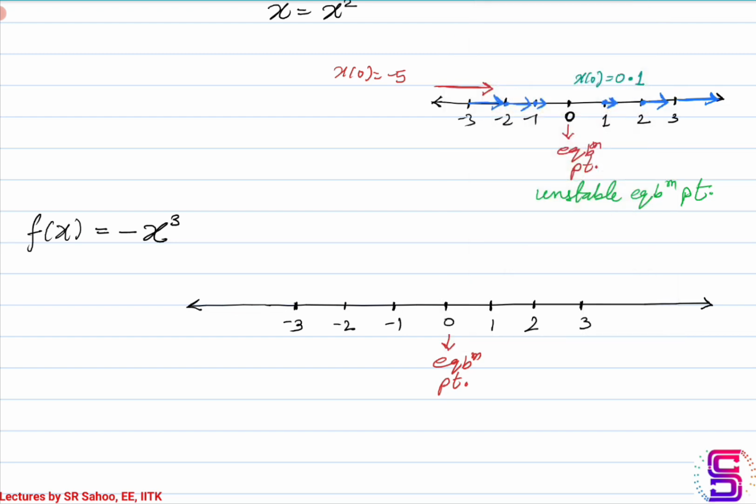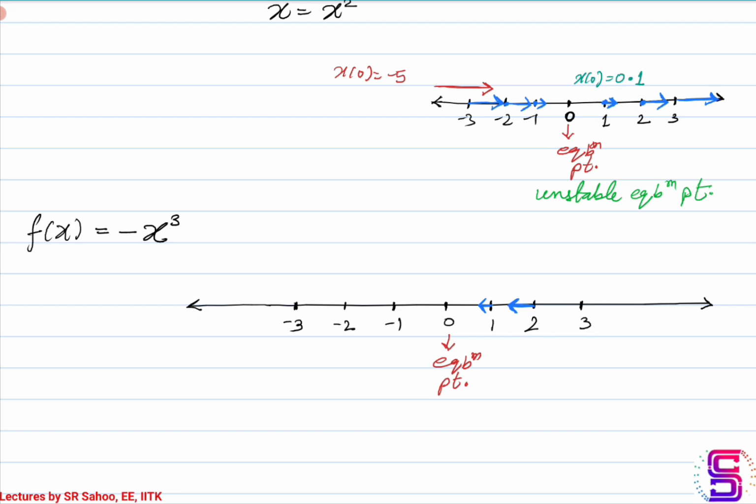At x equal to 1, x dot is -1. So the vector here is going to be this. At x equal to 2, x dot is -8. Let's say the vector is going to be this. This is roughly giving you an idea of how the magnitude is going to look. This is not to scale, okay, but at least gives you an idea of what is going to happen.